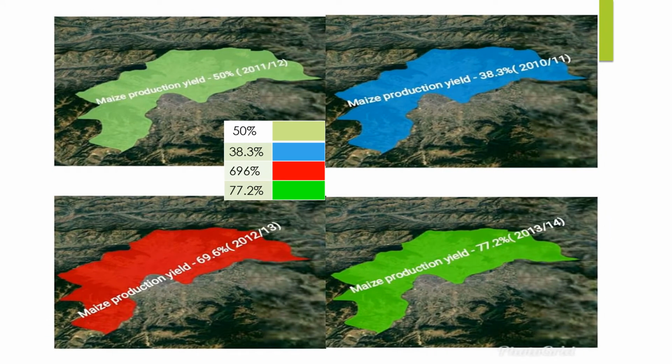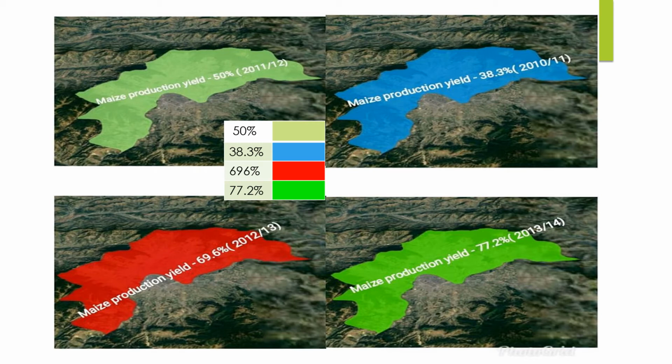Likewise, in this slide also it has shown the chlorophyll map of Kathmandu district with the various highlights showing the maize production yield of 2011 to 2014, where in light green color the maize production yield of 2011-12 has been shown, that is 50%.